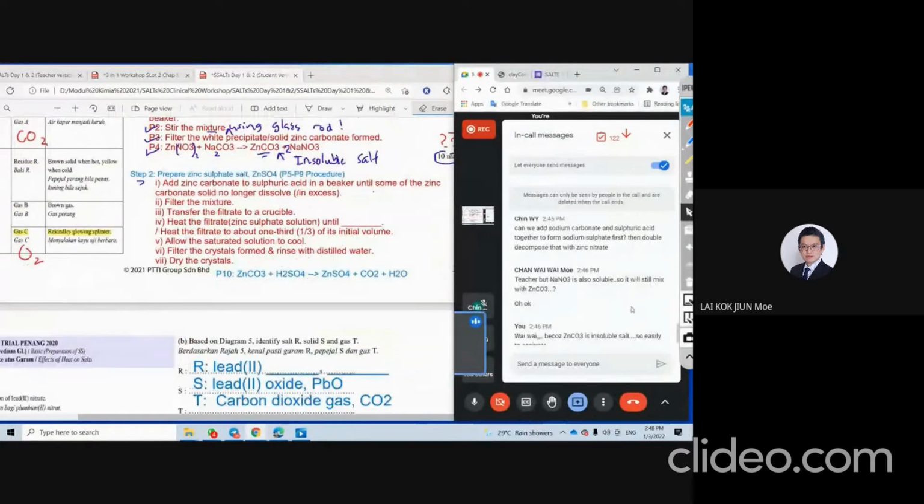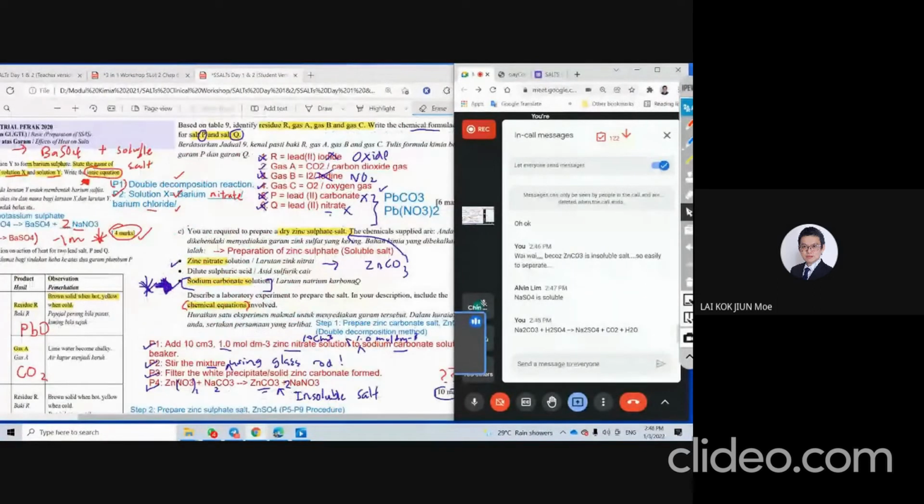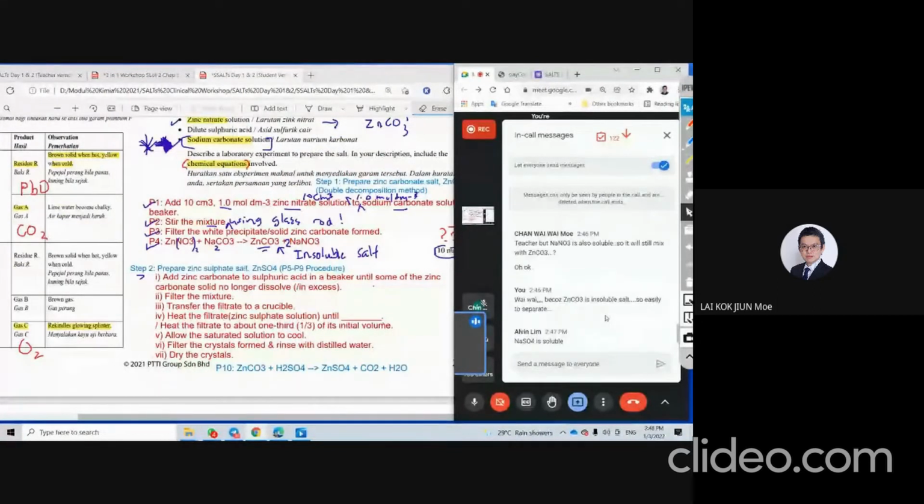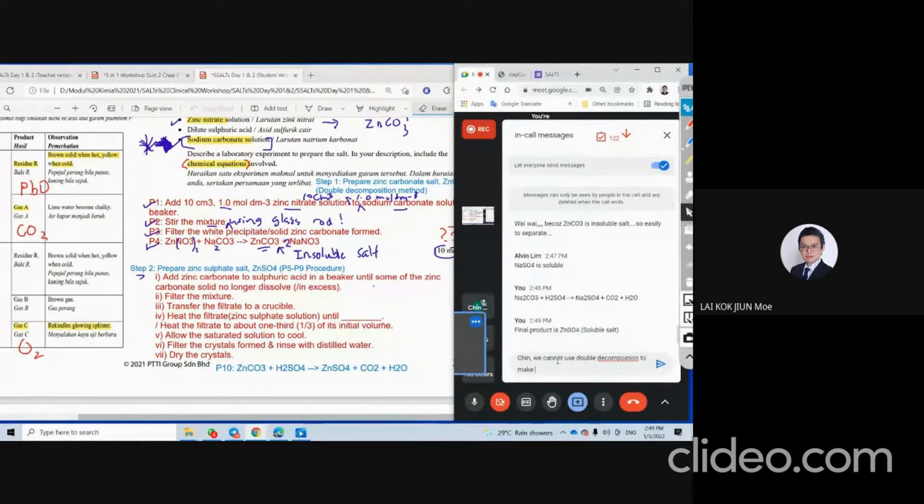Our final product is zinc sulfate. It's a soluble salt. So Qing, we cannot use double decomposition to make a soluble salt.